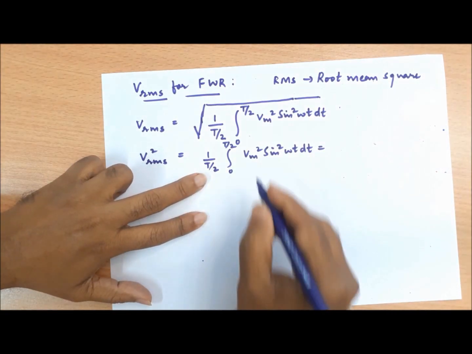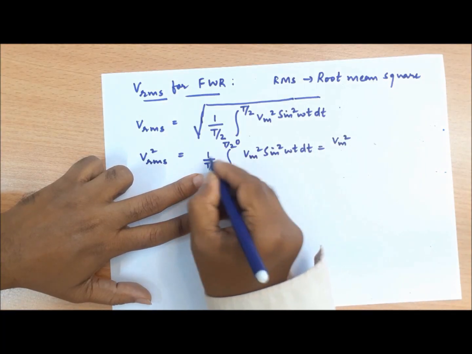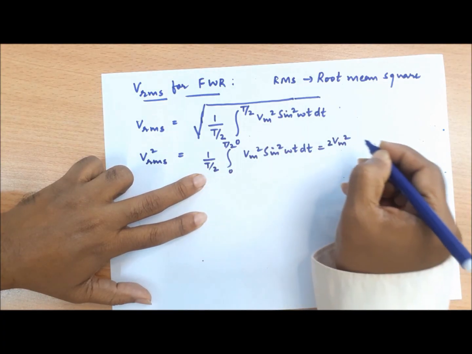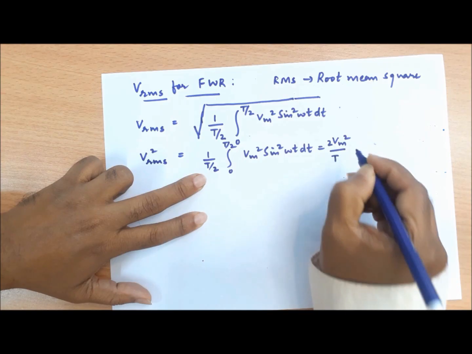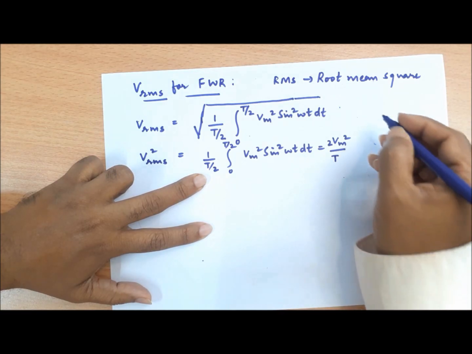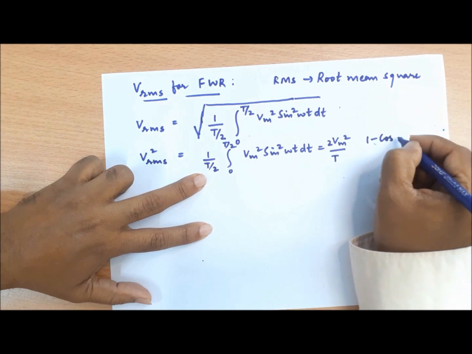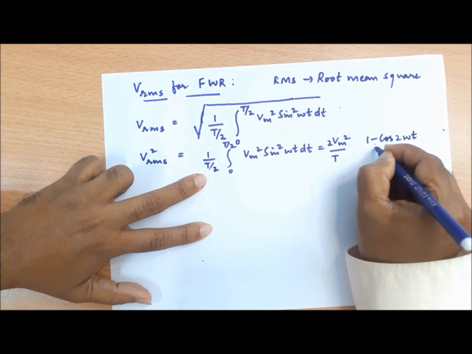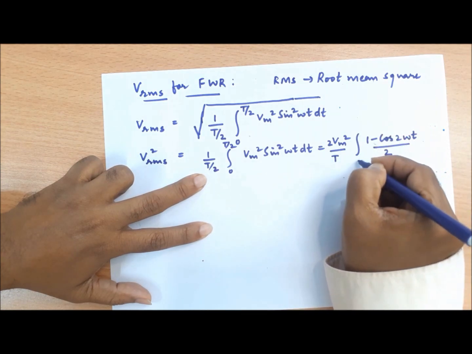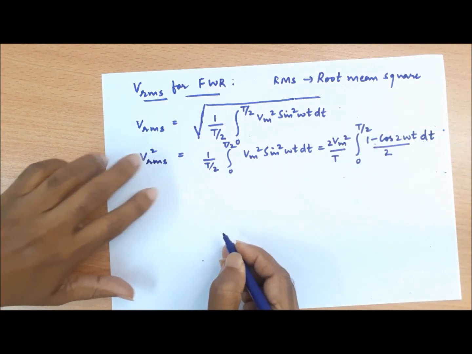Now if I simplify it further, taking Vm square outside the integral, and T by 2 going up, it becomes 2 Vm square upon T. Now I can express sine square omega t as 1 minus cos 2 omega t divided by 2, taking the integral 0 to T by 2 dt.